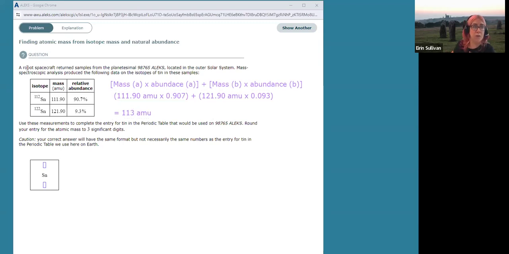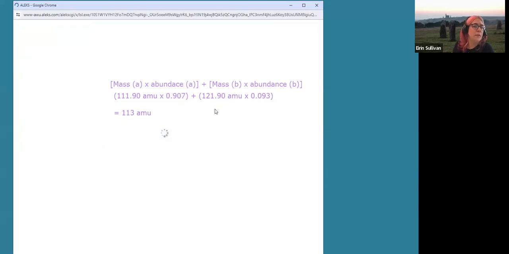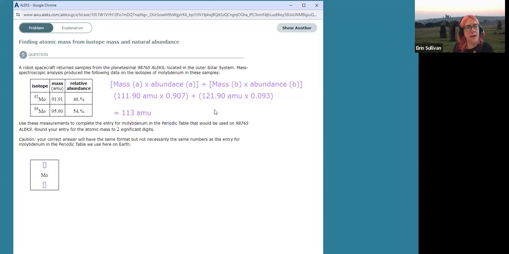Okay, you want to do another one? Let's do it. So we've got 2 isotopes of molybdenum. So again, this relative abundance, you've got to convert it to a decimalized percentage. Okay. So it's going to be 91.91 AMUs times 0.46, add 95.90 AMU times 0.54.